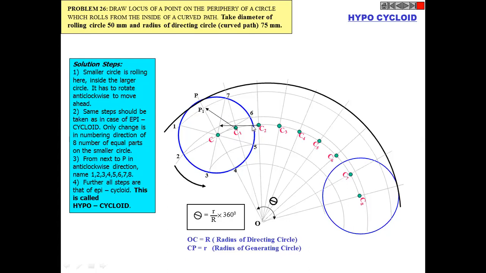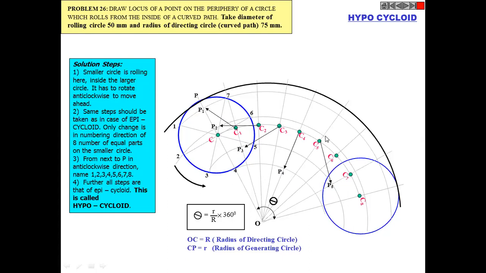It is in inverted direction because it is moving anti-clockwise, so P will rotate anti-clockwise. So this is P3. Now from C4 we have P4 on the 4 number line, and from C5 we have P5 on the 5 number line.